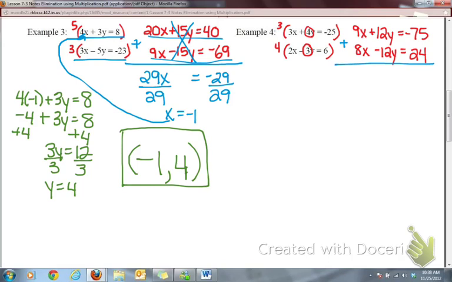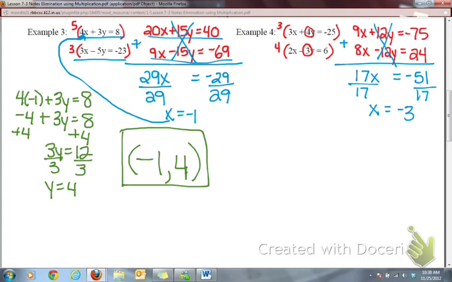So that'll give me 17x, the y's go away, 12y minus 12y is 0y. And then negative 75 plus 24 will be negative 51. Divide by 17. Use your calculator if you want to. You should get x equals negative 3.